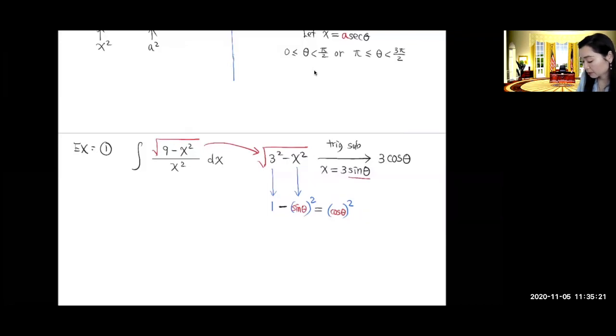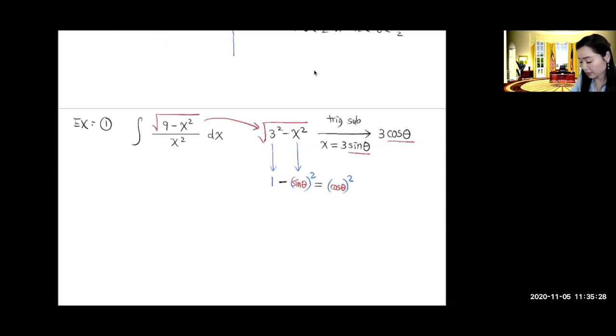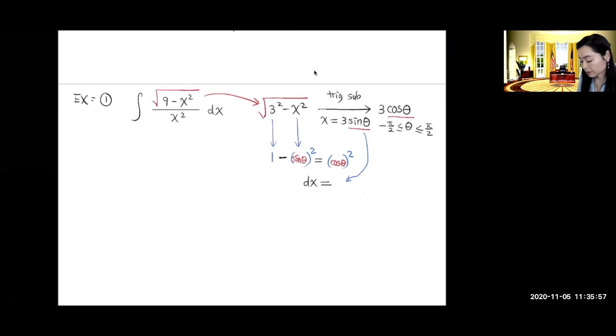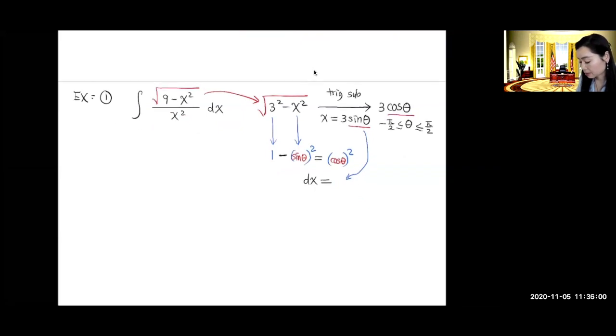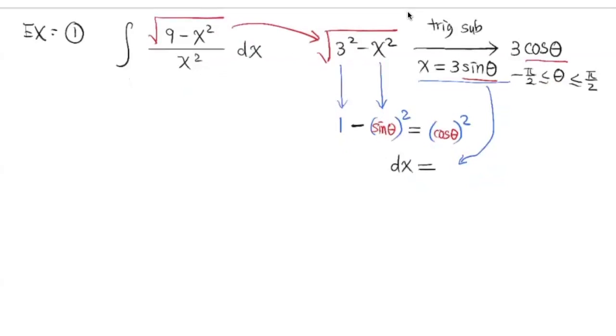So now if x equals 3 times sine theta, remember, you don't need to write this all the time. Just remember this is power 2. So what does dx equal? dx will be equal to 3 times what?